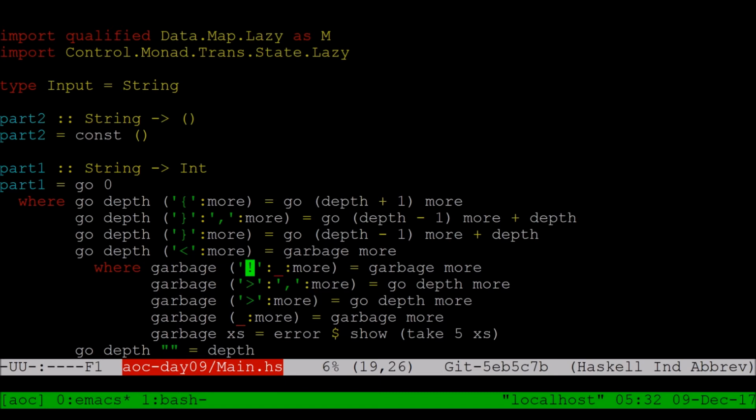It would be quite hard for us to retrofit this in here, wouldn't it? We'd have a lot more to track suddenly. And all the tracking we're doing out here would do us no good. Whereas if we had a tree of here's all the groups and here's all the garbage in them, we could just write a function that extracts a list of all the blocks of garbage at any depth and map a function over them that scans for ABCDEs and then sum the results, and it would be pretty simple.